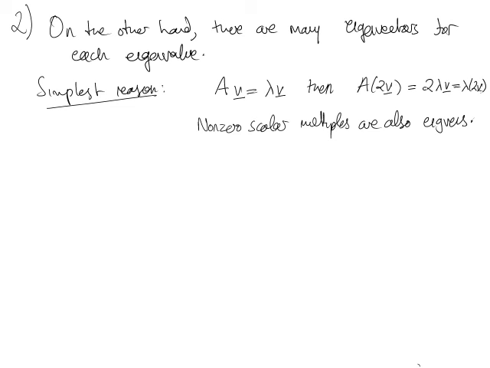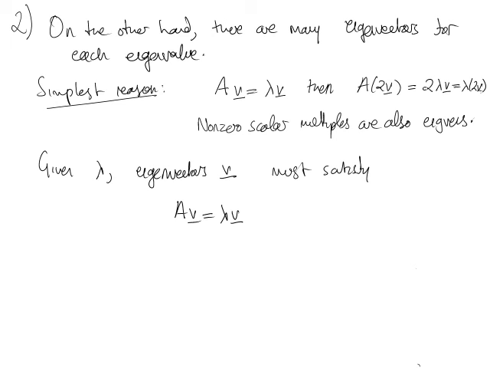But let's look at this a little more systematically. Let's try to figure out, given a particular lambda, what does the set of eigenvectors look like? So given lambda, all the eigenvectors v corresponding to this eigenvalue lambda must satisfy what? Well, Av equals lambda v.